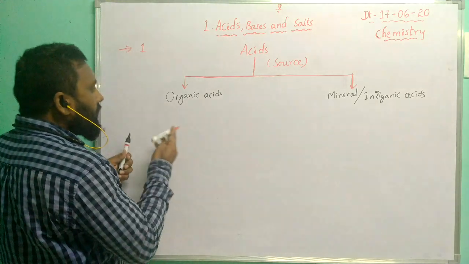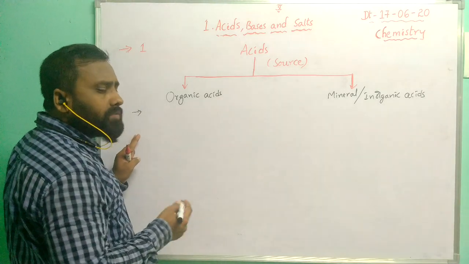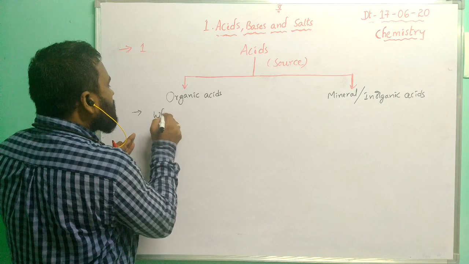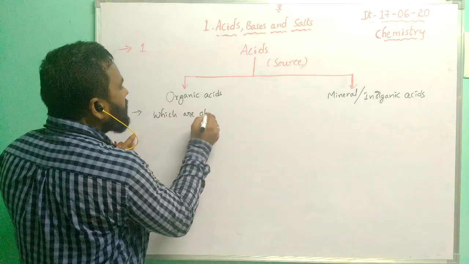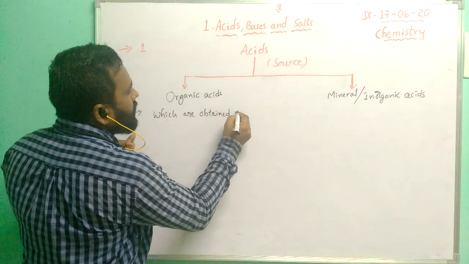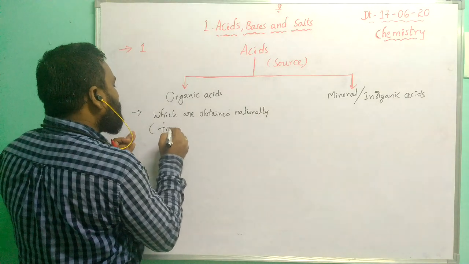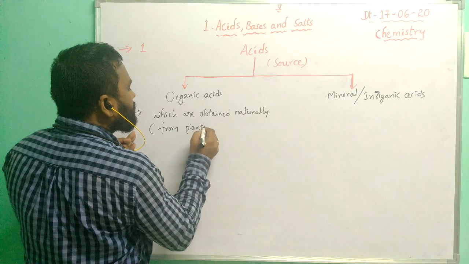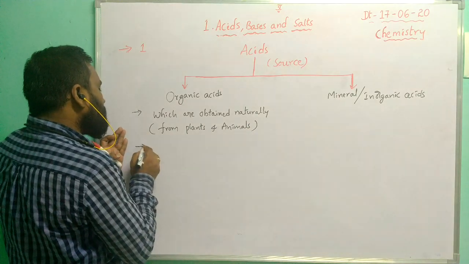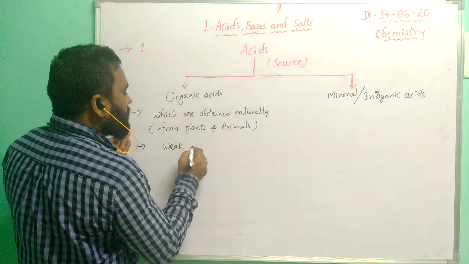Organic acids means the acids which are obtained naturally, from animals and also plants. These acids are very weak, mild acids.